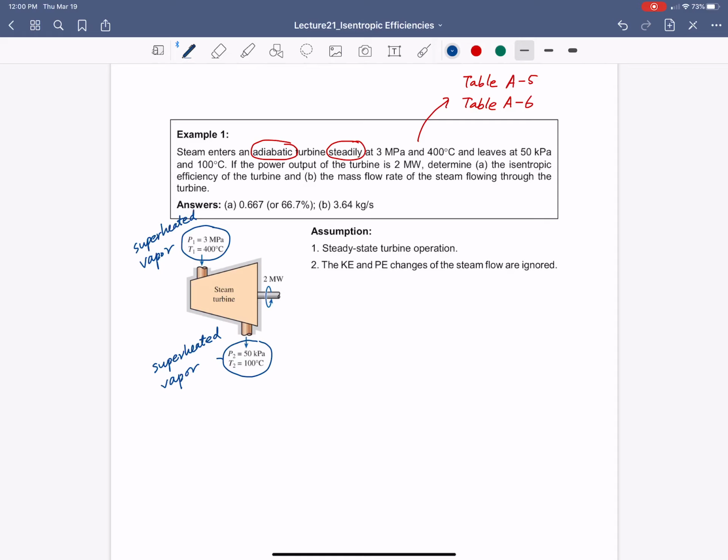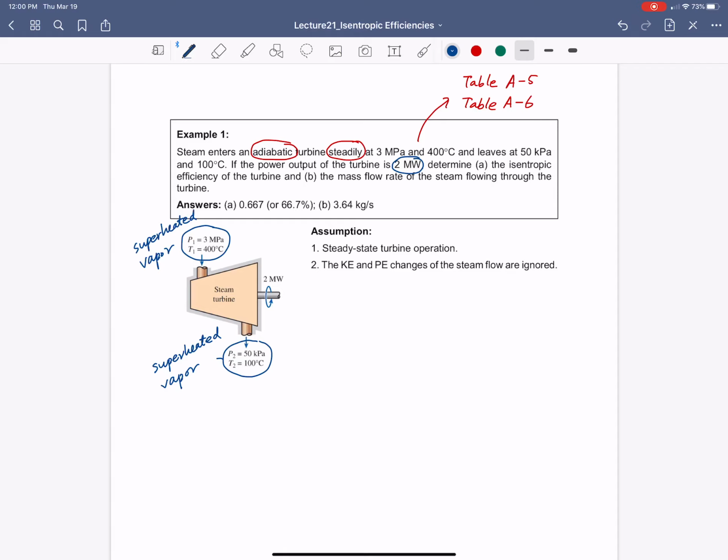Now, the power output of the turbine is 2 megawatt, so we know how much power the turbine is generating. From the given conditions, we want to calculate the isentropic efficiency of the turbine, and also the mass flow rate that flows through the turbine.